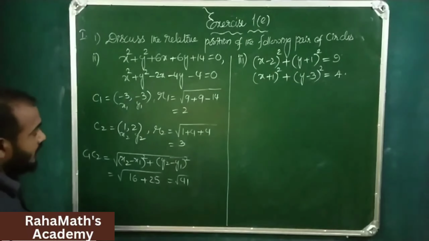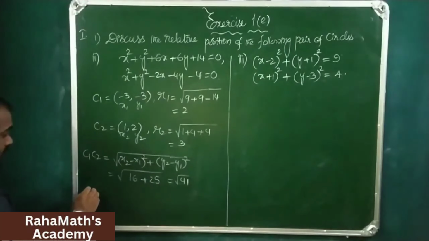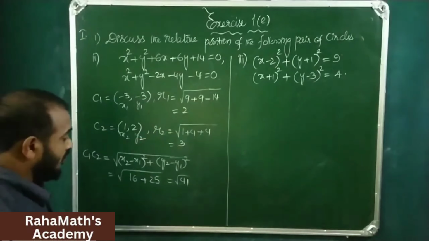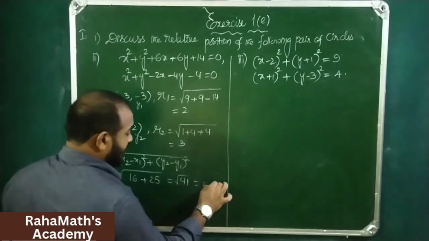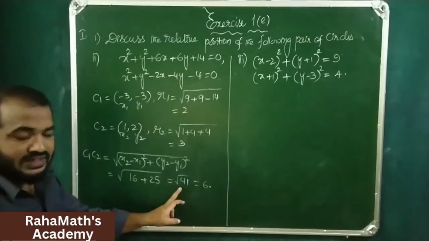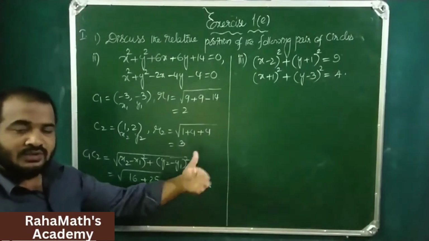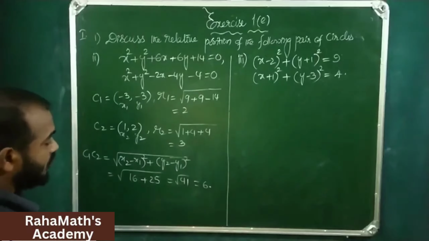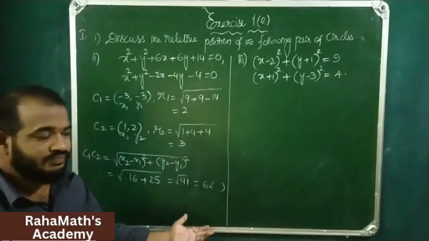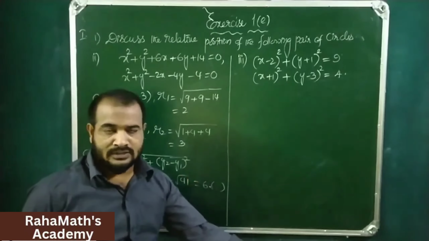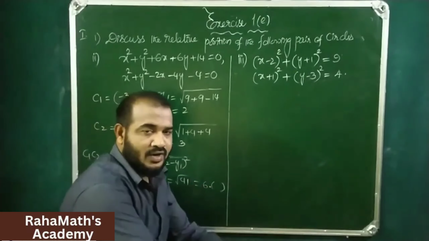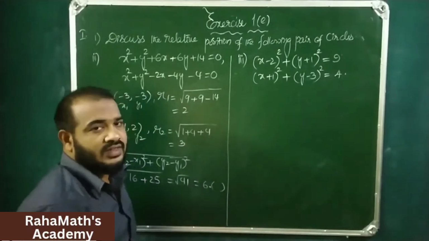First of all, what is R1 plus R2? 3 plus 2, 5. Root 41 is something more than 6 point something, because root 36 is 6. The accurate value we are not concerned about, because we need to mention the relative position: whether one circle lies completely outside or not, or touches the other.